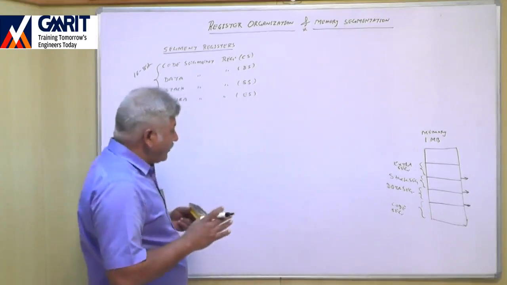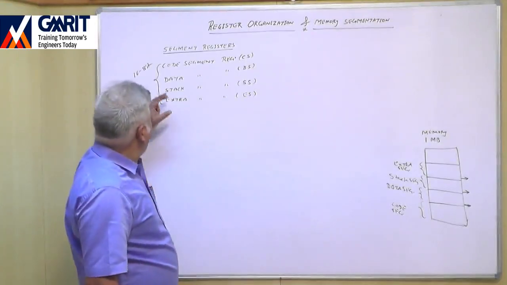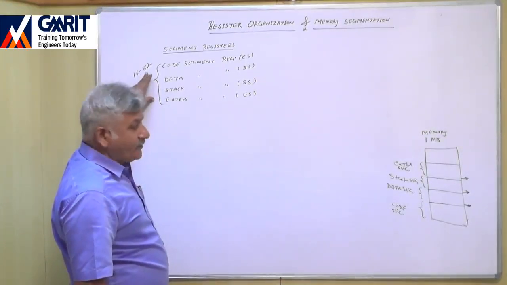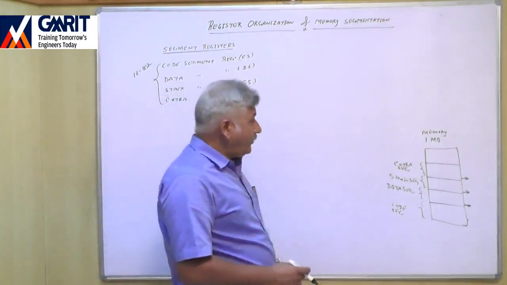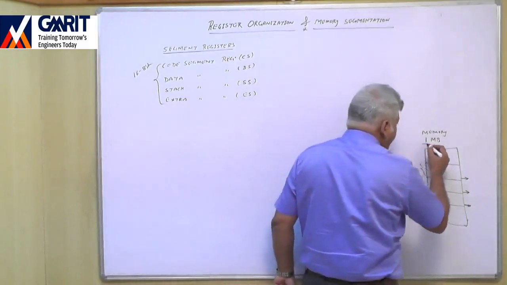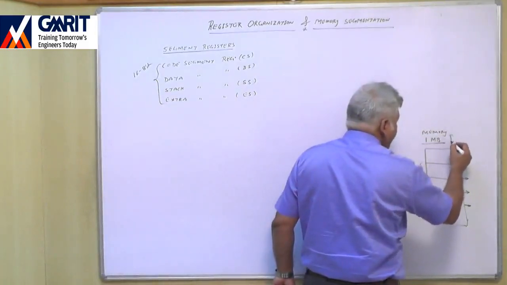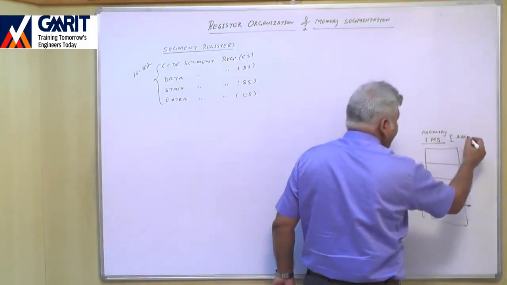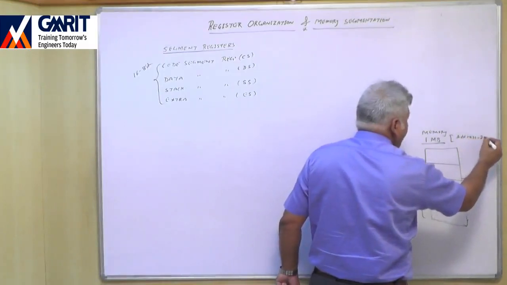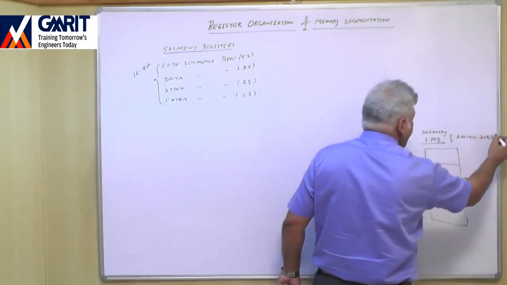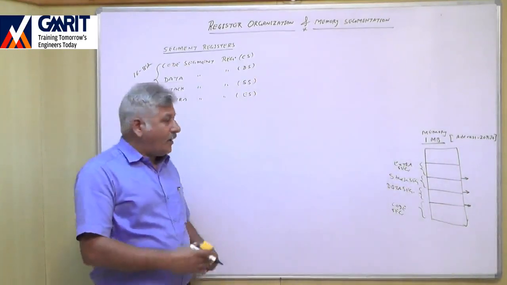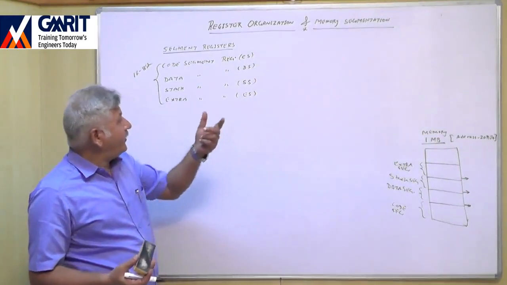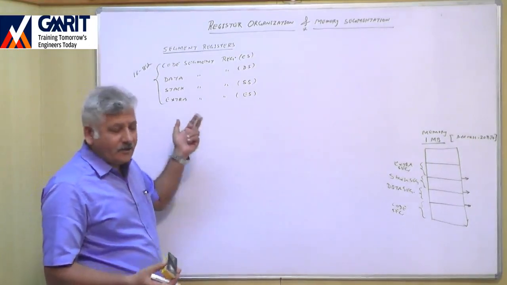Now the question is, these segment registers are 16-bit, but for 1 megabyte of memory we require an address of 20 bits. So how will we get a 20-bit address from these 16-bit registers?